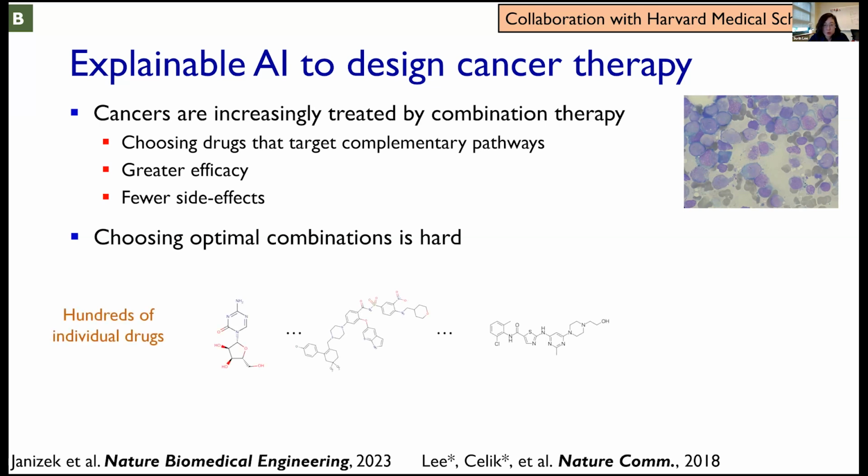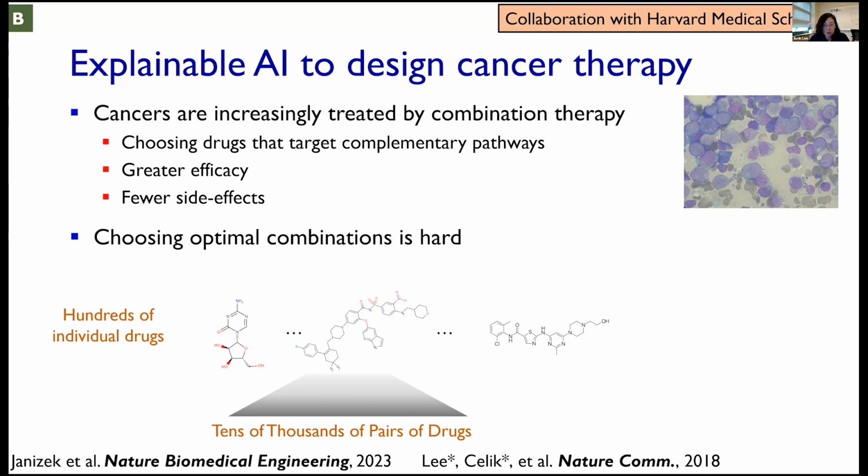But the issue is that choosing optimal combinations of drugs is a hard problem. There are already hundreds of individual FDA-approved drugs, which means there are tens of thousands of possible pairwise combinations. And there could be more if you consider non-FDA approved drugs or combinations of more than 2 drugs.